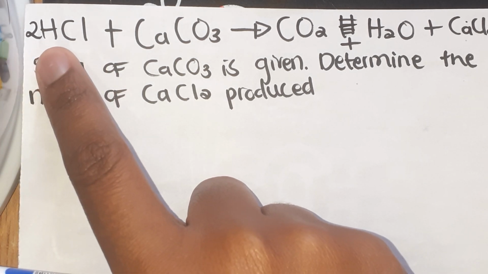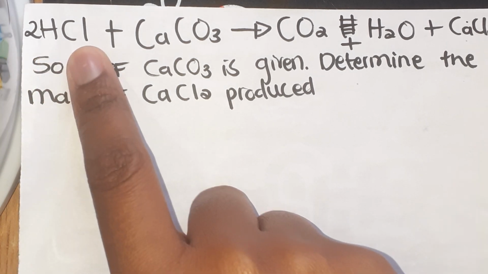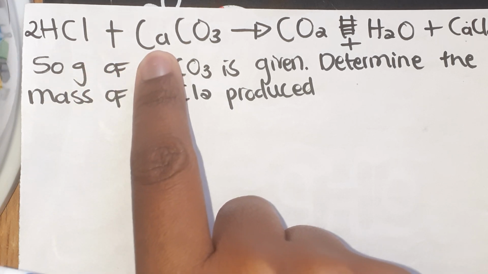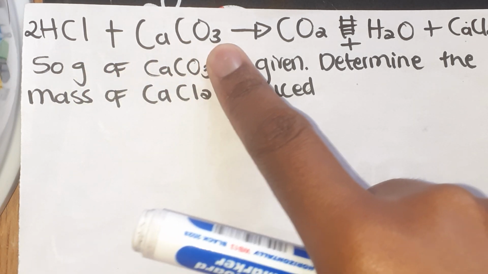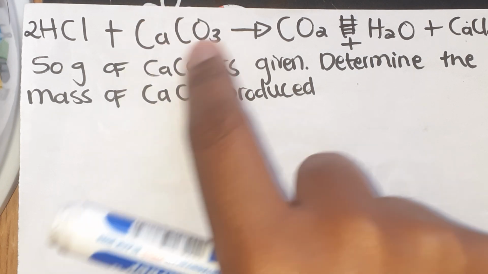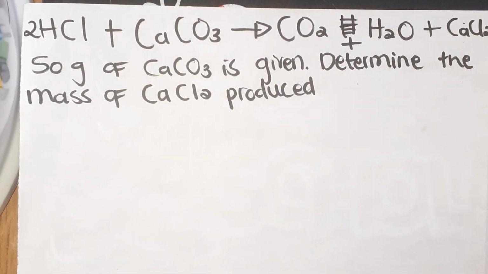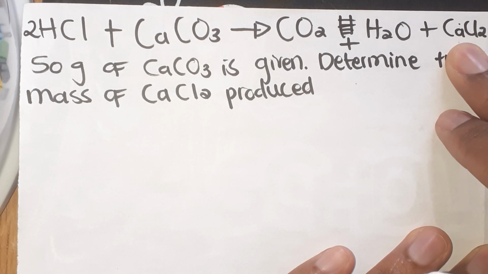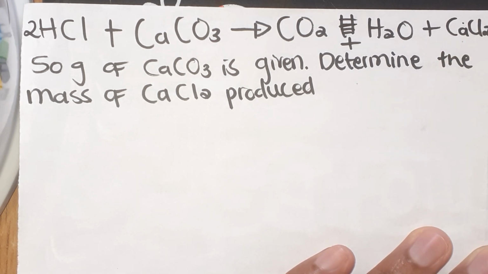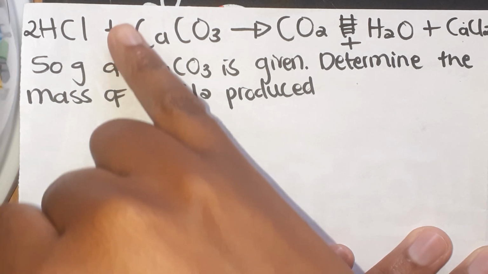Let's look at the equation. You have 2HCl. It's a balanced chemical equation already. You have CaCO3, this one. You're already given this one, and you are asked to find the mass of this one. What we are trying to find here is the coefficient.